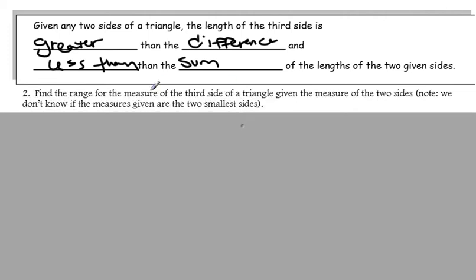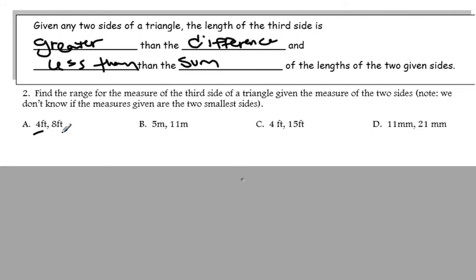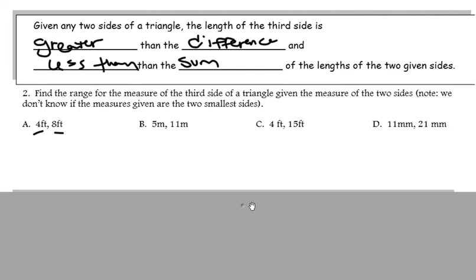It says find the range for the measure of the third side of a triangle given the measures of the two sides. So this is what it's basically saying. It's saying these are two sides of a triangle. You have to tell me which side length the third side is going to fall between. So remember, the sum of the two smallest numbers has to be greater than the third side.